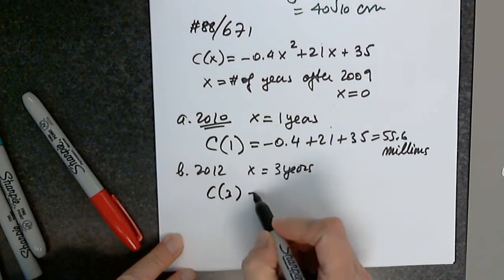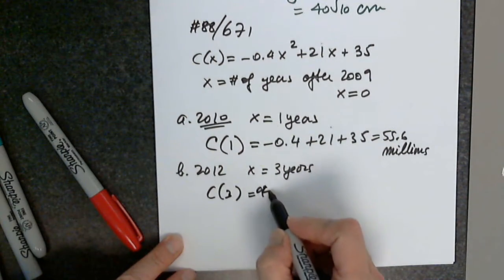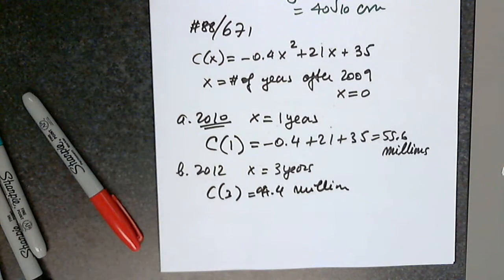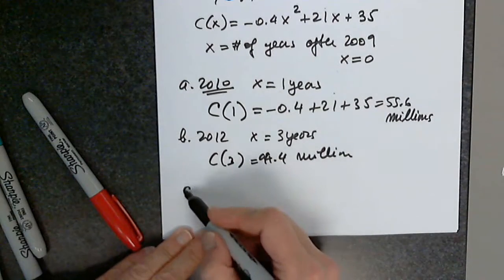So C of 3, 94.4 million. Okay, part C. If the trend described by this model continues, find the year in which the projected number of Wi-Fi enabled cell phones in the United States reaches 150 million. Now, what is the question asking us to do?